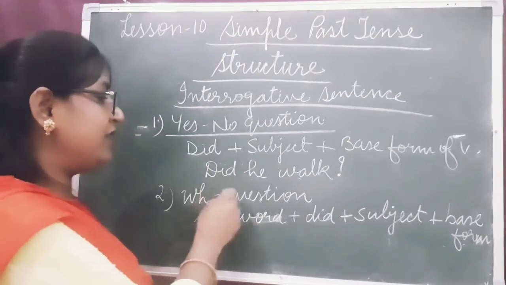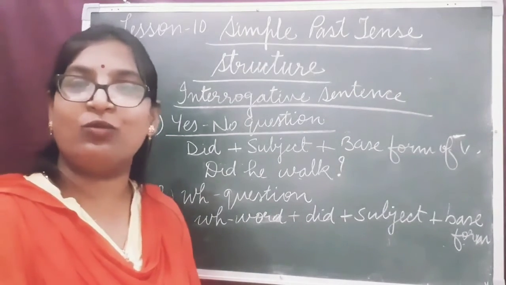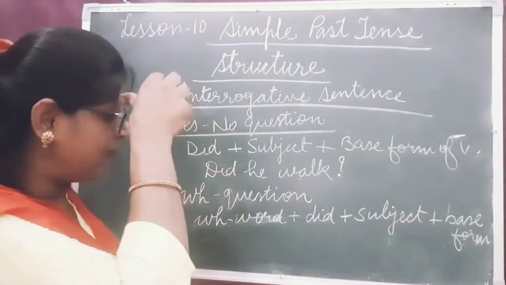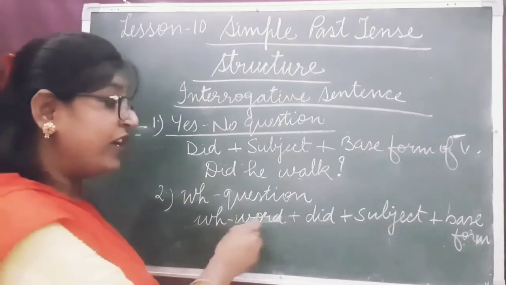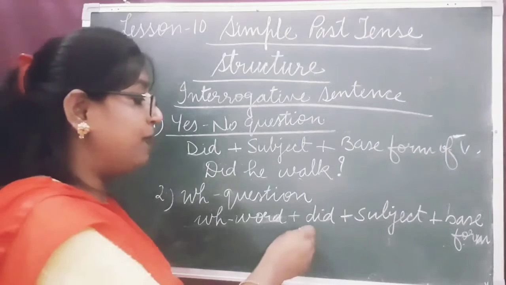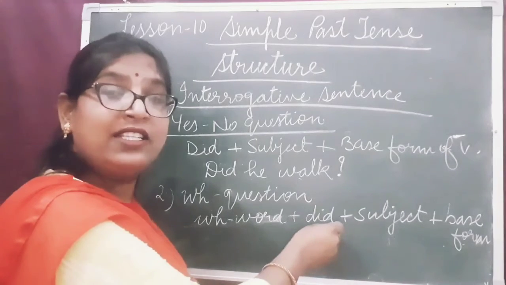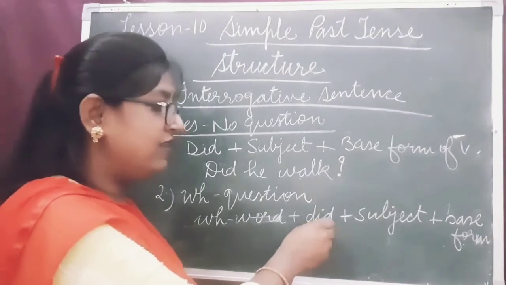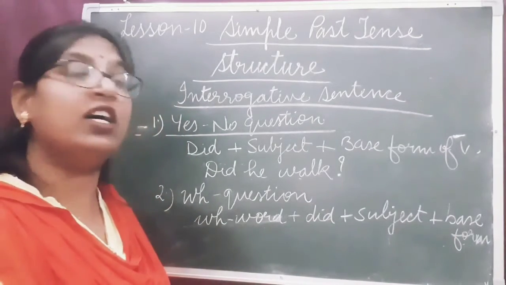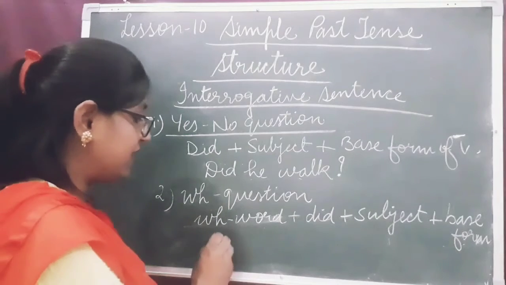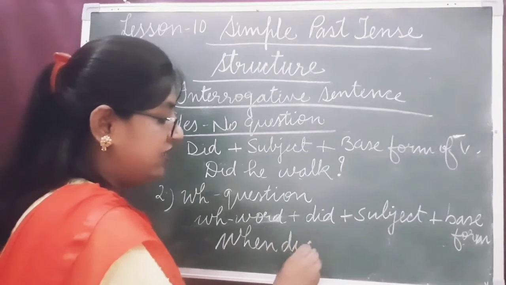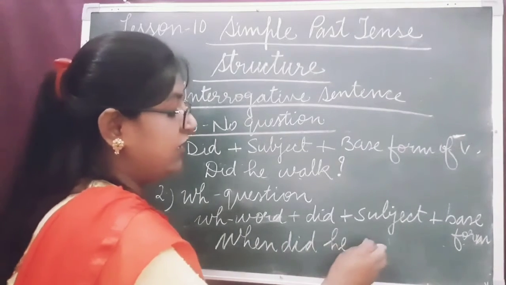Now how to frame a WH question, though it is not given in your book, but still I am explaining how to make a WH question. In simple past tense we use WH word plus past tense form of the verb do, that is did, plus subject plus base form of the verb. Let us make a sentence. When did he walk?